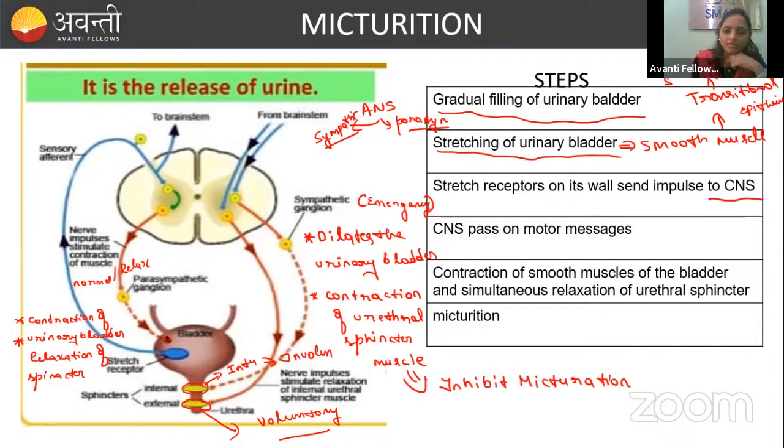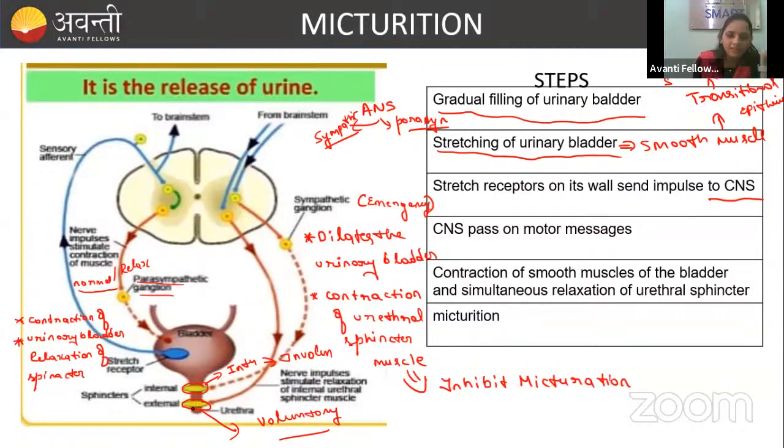It makes the urinary bladder contract and relaxes the internal sphincter of the urethra. Remember, guys, during the normal condition it is going to activate the parasympathetic ganglion. The parasympathetic ganglion will carry the information to the urinary bladder, where it leads to the contraction of the urinary bladder muscle. The smooth muscle of the urinary bladder is going to be contracted now.